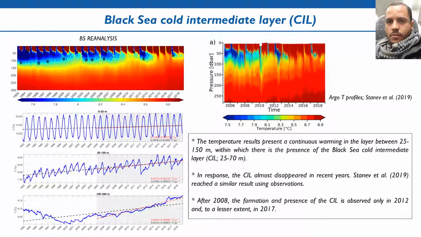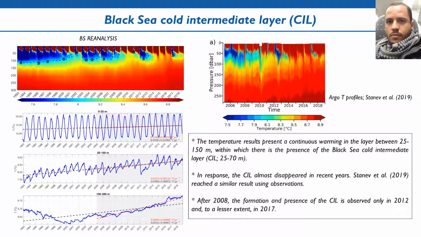In this layer, there is the presence of the Black Sea cold intermediate layer, the CIL. In response, the CIL almost disappeared in recent years. For instance, after 2008, the formation and presence of the CIL is observed only in 2012 and to a lesser extent in 2017.